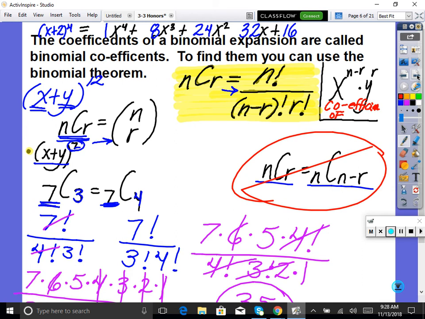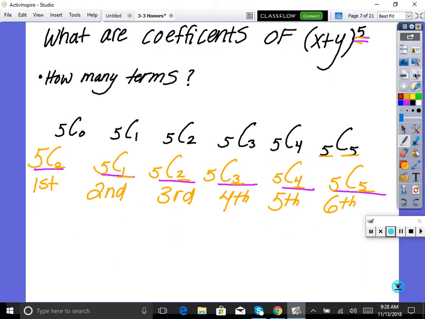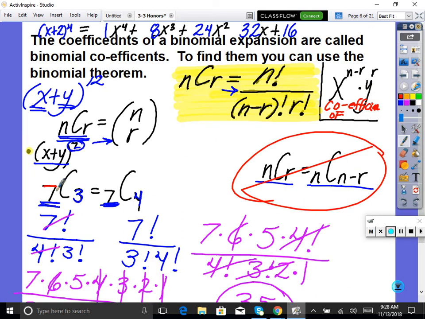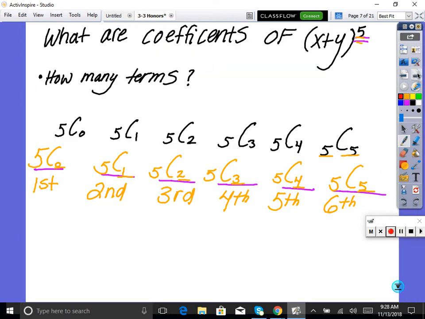So that's why 7 choose 3 is equivalent to 7 choose 7 minus 3, which is 4. You see what we did? So once again, 5 choose 0 will be the same as 5 choose 5 minus 0. Wouldn't that be 5 choose 5? So once we know this one, we know this one.